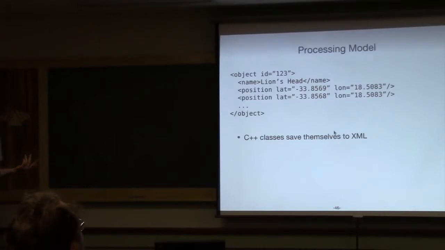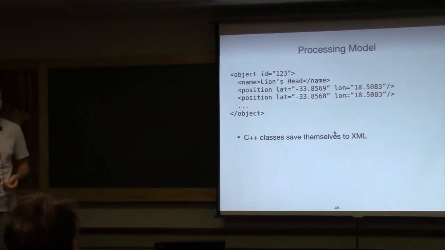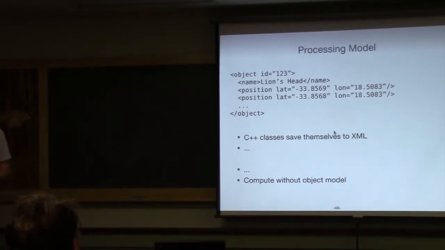So our corresponding object model might contain the object class and the position class that know how to save themselves into this XML. On the other end of the spectrum, we have an application that computes all it needs without storing any of the data whatsoever. For example, we might be interested in the average position. Once we calculate that, we don't care about any of the individual samples.